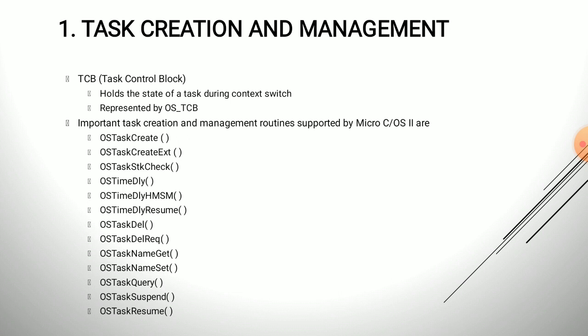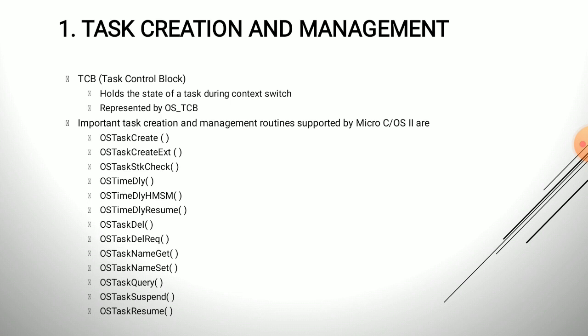The task is identified using its priority. And next function is OS task name set function. It sets the name for a task. As the name implies, it sets the name for a task. And of course, the task is identified using its priority.